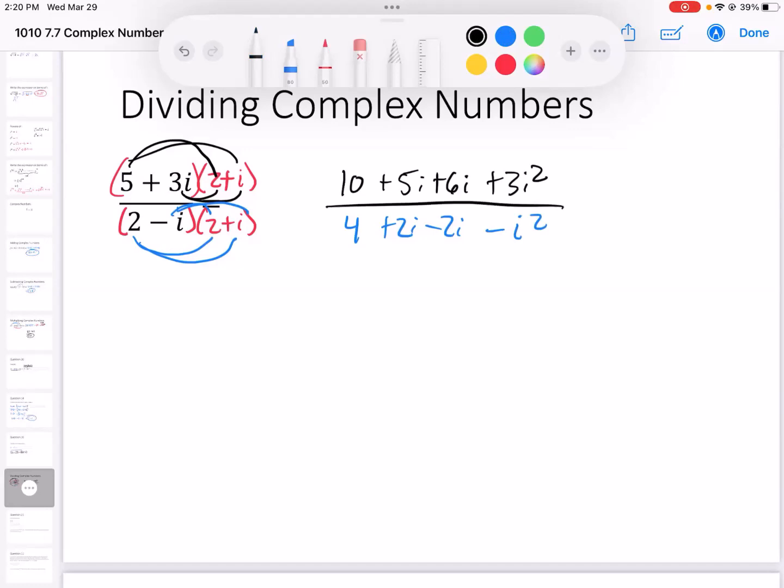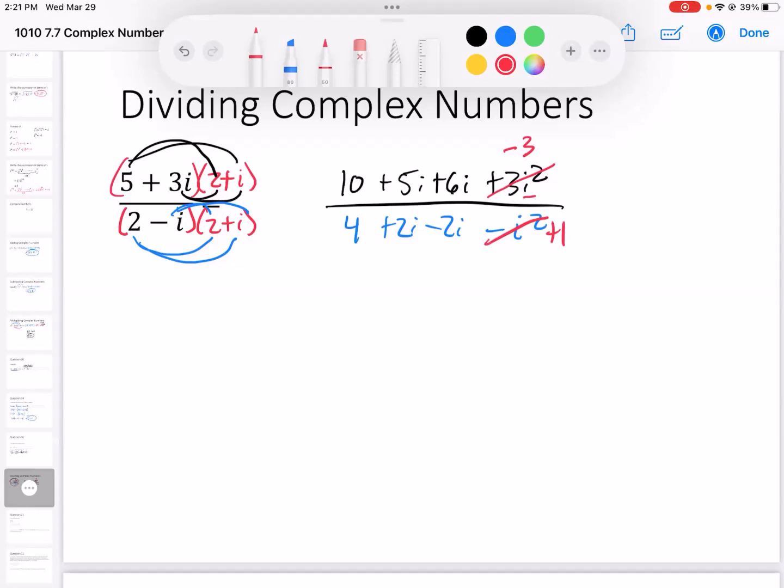Again, the whole conjugate thing is to make it so that these two terms cancel each other out. When I simplify this, I know that i squared equals -1. So this term is going to equal -3, because I'll have -1 times +3. That gives me -3. And what is this term going to be? Yep, positive 1, because this part is -1, but -1 times -1 is +1. So we'll get a +1 there.